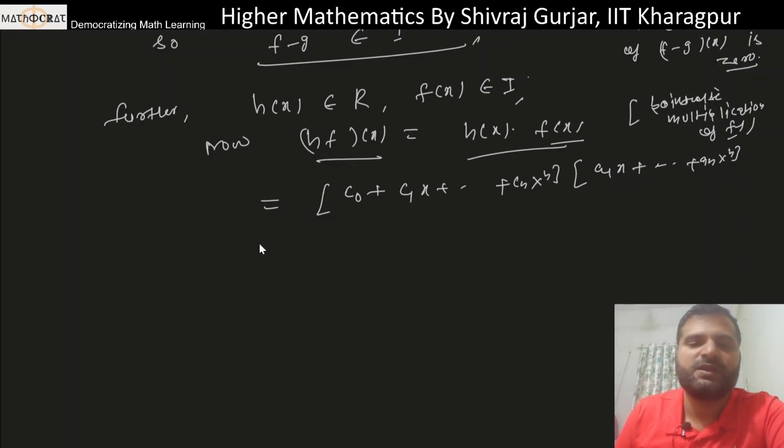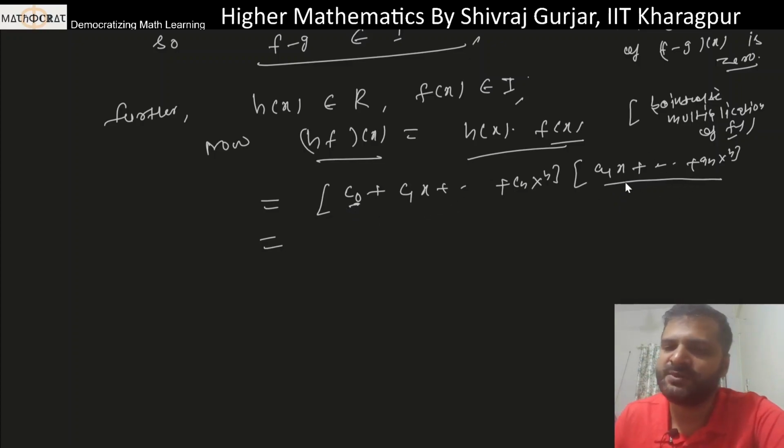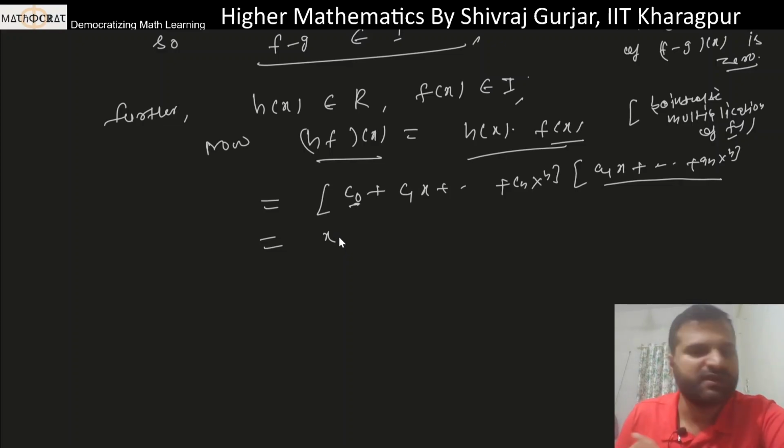Now this can be multiplied. See, in this there is no constant term, so even this constant term will no more be constant now, because this c0 will get multiplied by every other coefficient of this. So in fact the minimum power of x will be 1, x power 0 won't be there, there won't be any constant term.